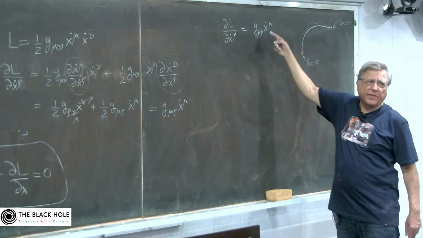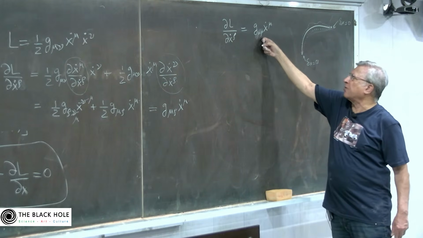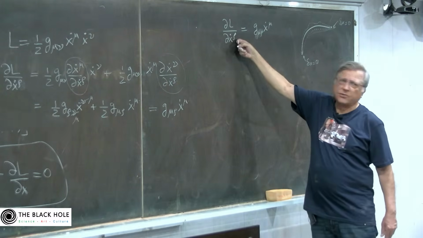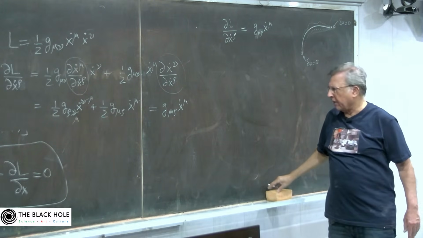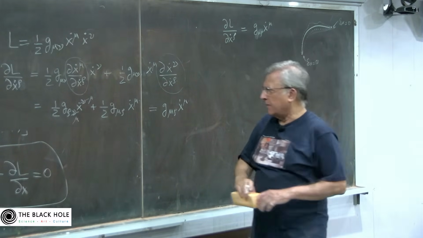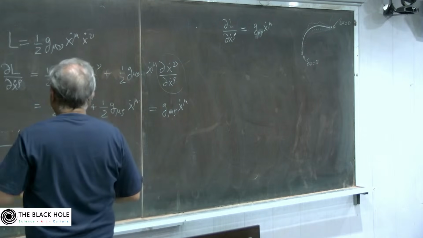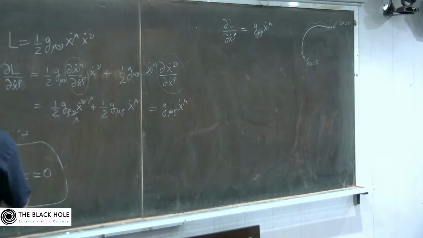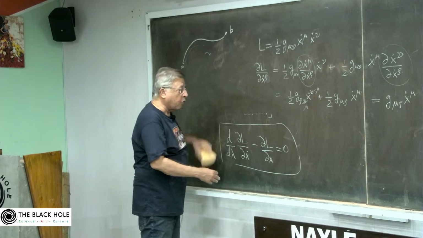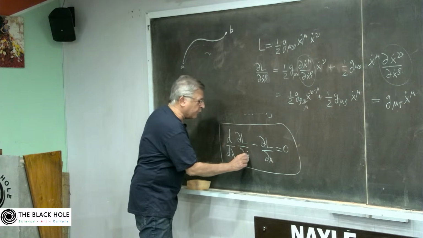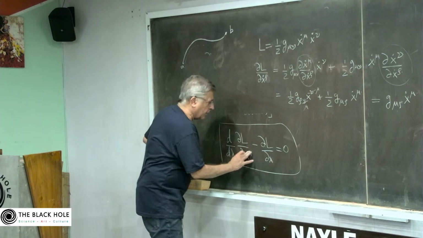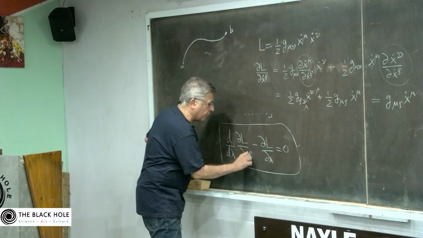It was a dummy index, and rho remains on this side, and rho remains on this side. Okay, that's one result. So remember that this holds for all x. So I could put over here mu, I could put over here anything, rho.